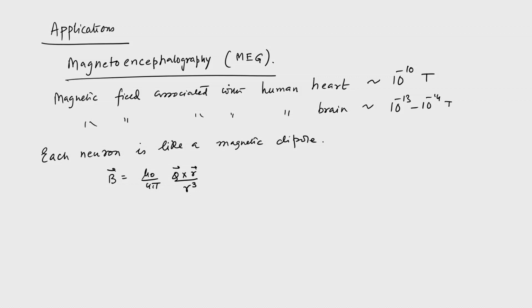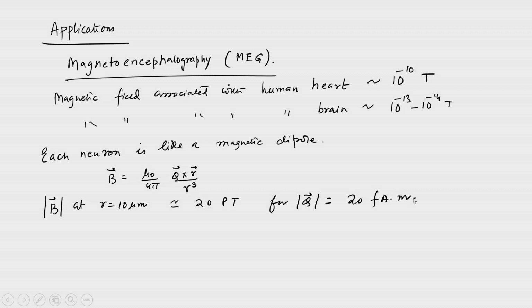So, B at R equal to about 10 micrometer is approximately equal to 20 picotesla for Q equal to something like 20 Fermi ampere meter.